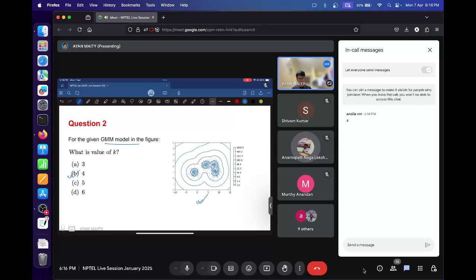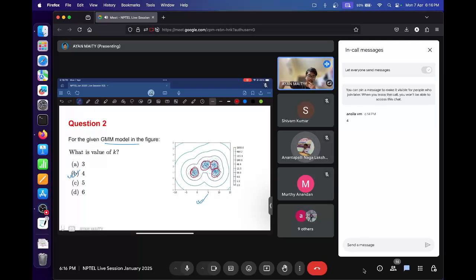So from the data points and the distributions given, we can see that the GMM model finds this as one cluster, this is another cluster, this is another cluster, and this is another cluster.